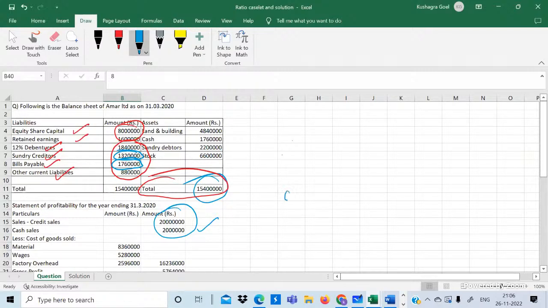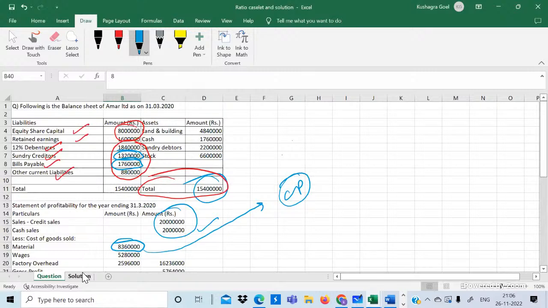Now the question is, how do I get my credit purchase? The question doesn't mention how much your credit purchase is. In the absence of information, I'll assume that this entire material has been purchased on credit, and therefore I'll take that as my credit purchase. So now you know your credit purchase, and you know your accounts payable, which is creditors and bills payable.